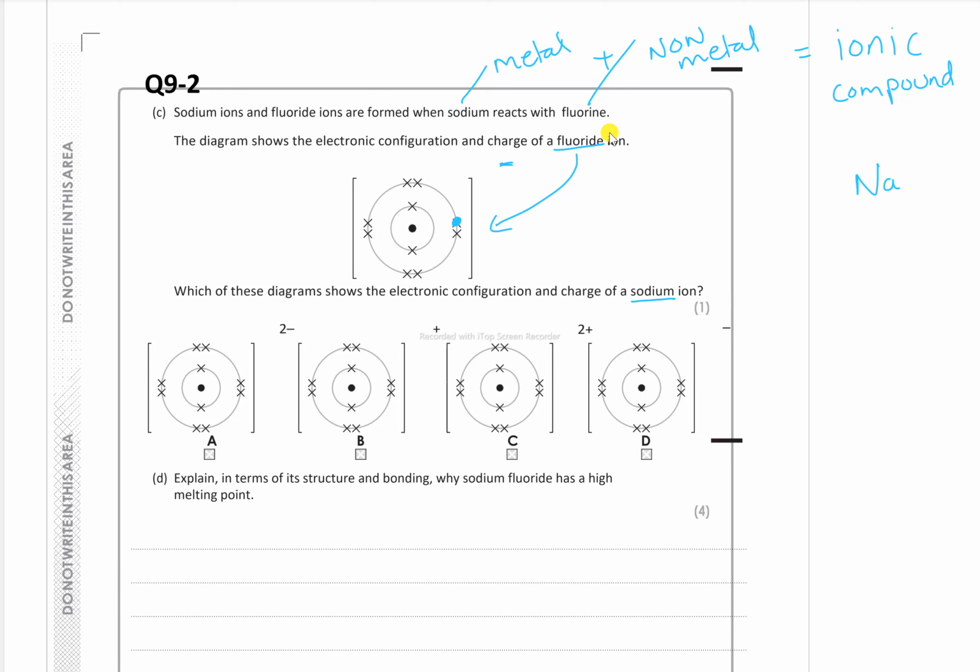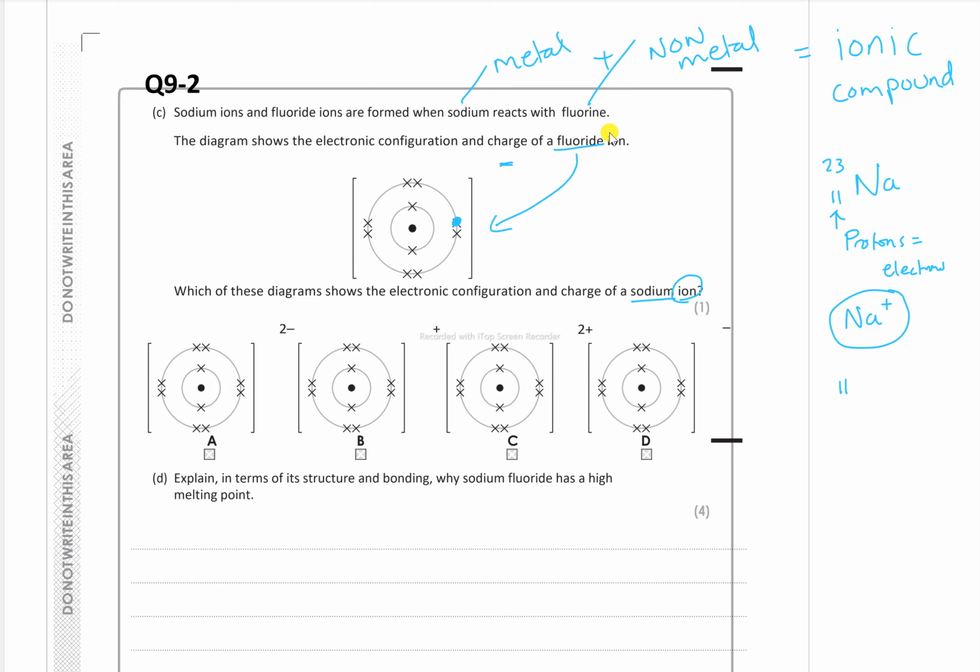Let's go look for sodium. So sodium is 23, 11. So it's got 11 protons, so it must have 11 electrons. So we're looking for the ion though. And we know sodium is in group 1, so it'll lose 1 electron to become a positive ion.